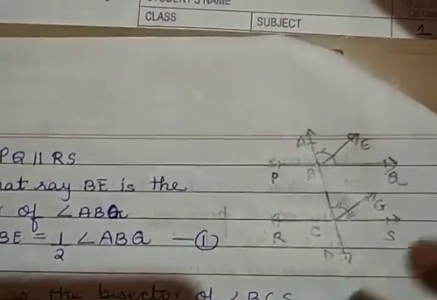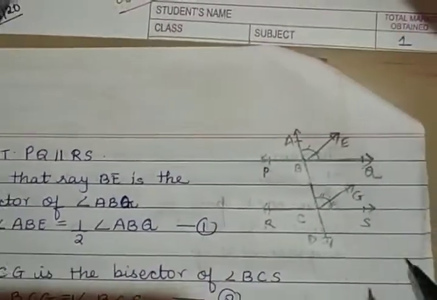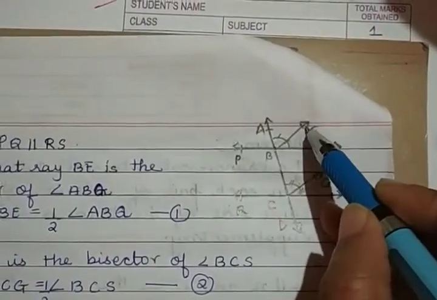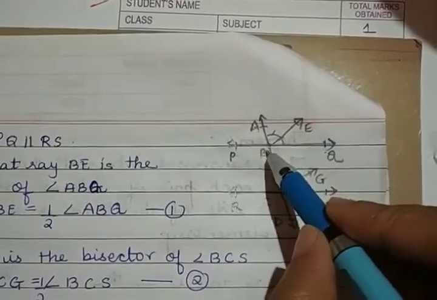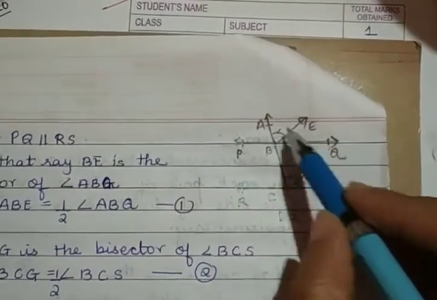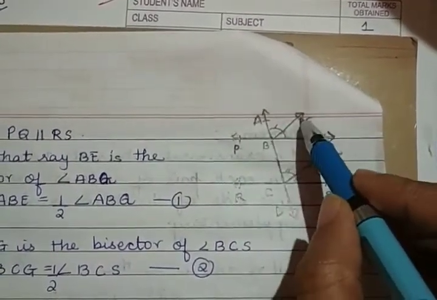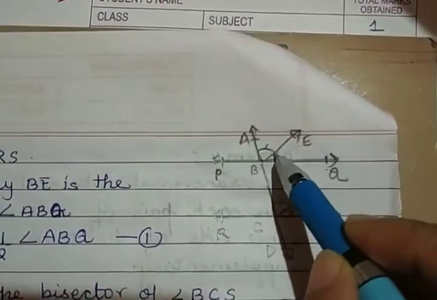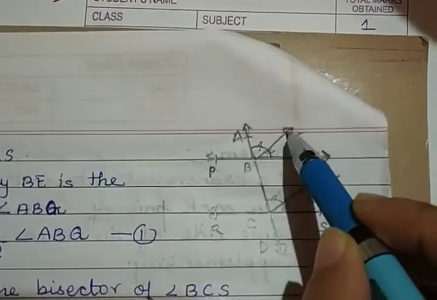Now let us use whatever is given to us to prove this. It is given that ray BE is the angle bisector of ABQ. So angle ABE will be half of angle ABQ, right? This angle and this angle are equal because this is an angle bisector.